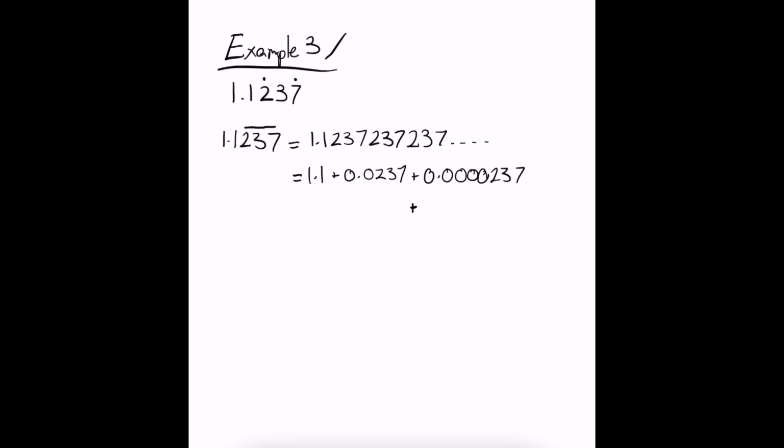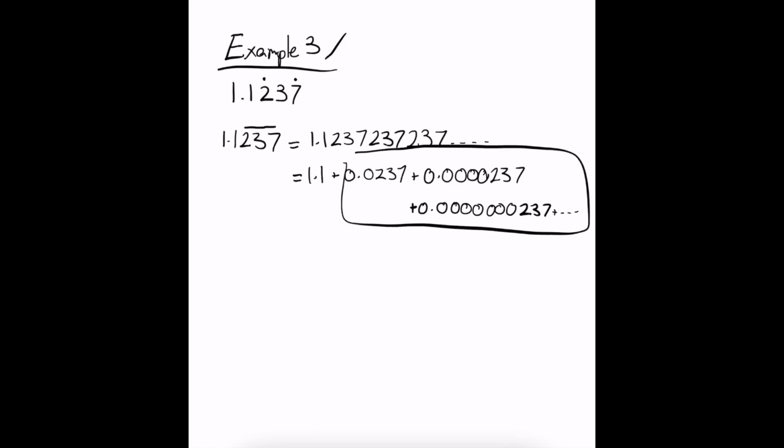If we wanted to write the next term, it would be 0.000000237. And we'd keep going, but it gets quite tedious to write out. Now the GP component is exclusively going to be this, and the 1.1 just stays separate.